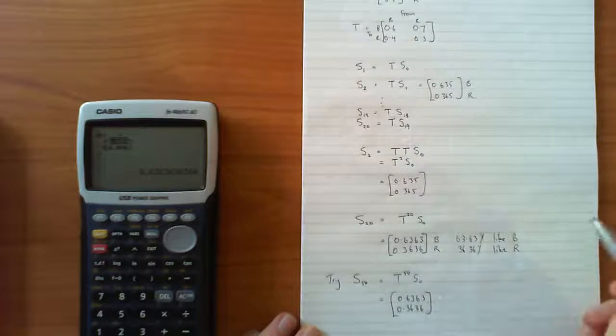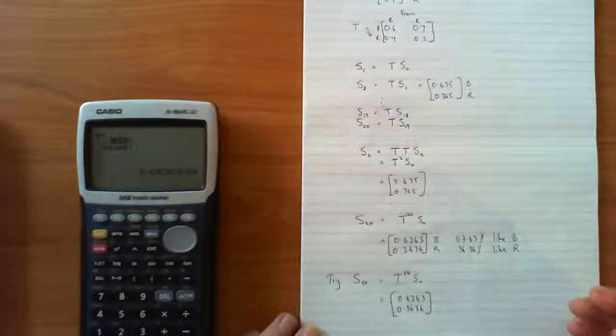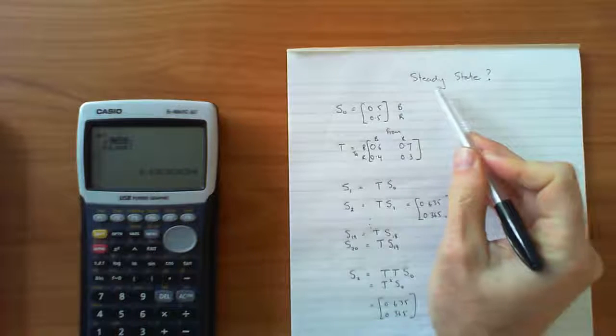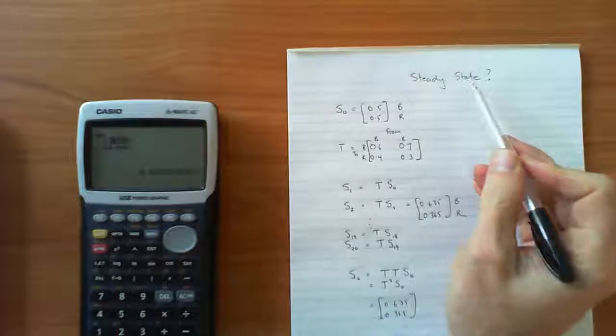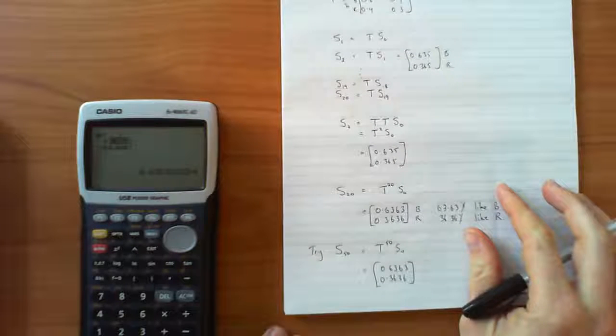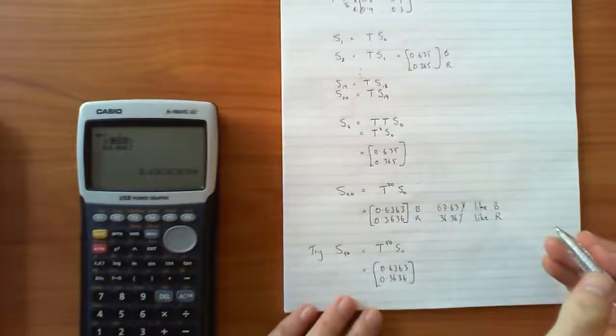So even though some drinkers are still swapping, some red drinkers still go to blue and some blue drinkers still go to red, we say that the system has reached a steady state. Steady state meaning the proportions are no longer changing. And this is a really important point.